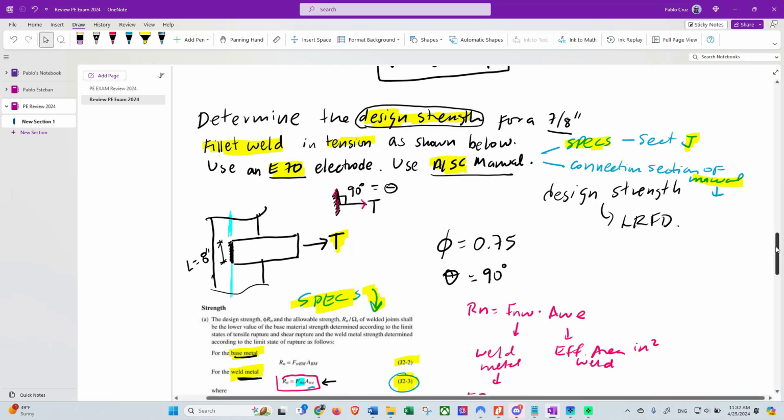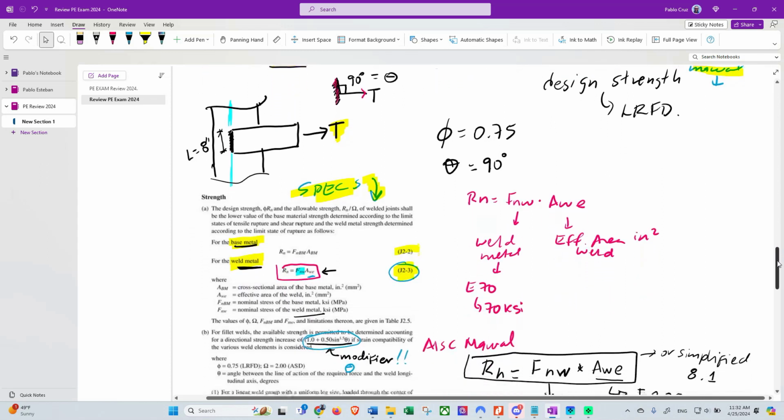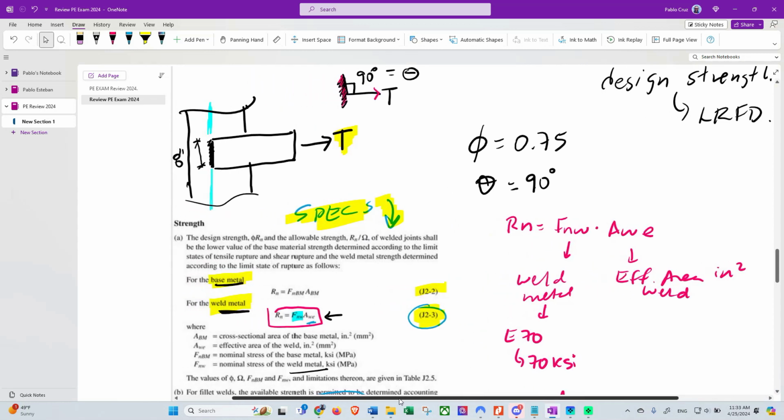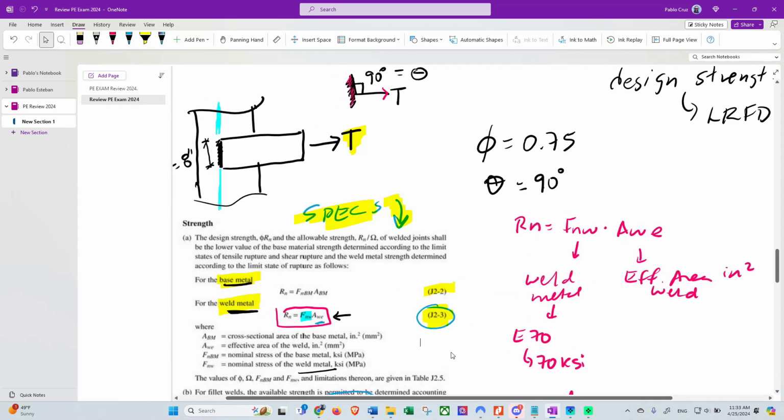So let's go a little down and check what the specs say about it. We have basically two things. This is the value of the strength, the design strength for the weld metal. This value F refers to the material, the nominal stress of the weld metal in ksi, the one that I have in blue here.